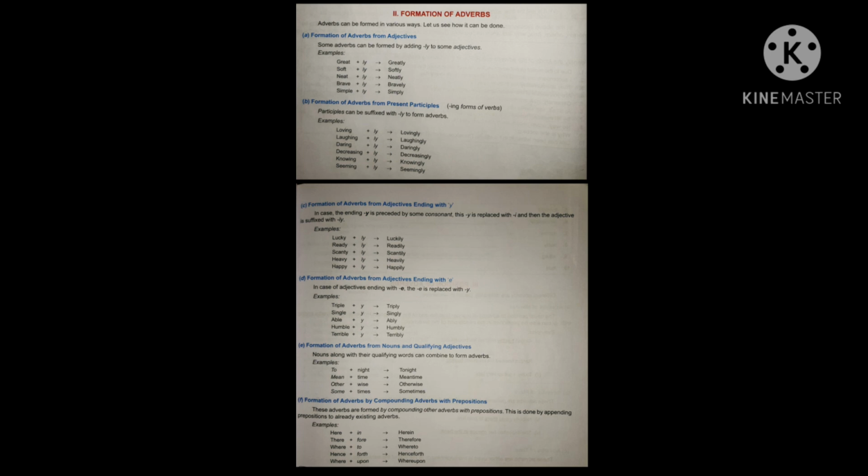So here plus in: here is an adverb and in is the preposition. And when we are combining it together, we will get a new adverb and that is herein. There and for, it will become therefore. Where and to, whereto. Where is an adverb and to is a preposition. Likewise, we will get new combination adverbs. So these are the methods in which we can make an adverb.